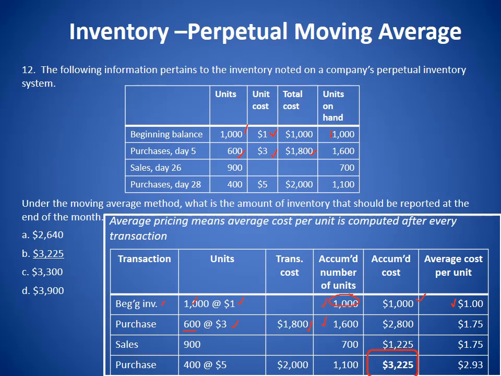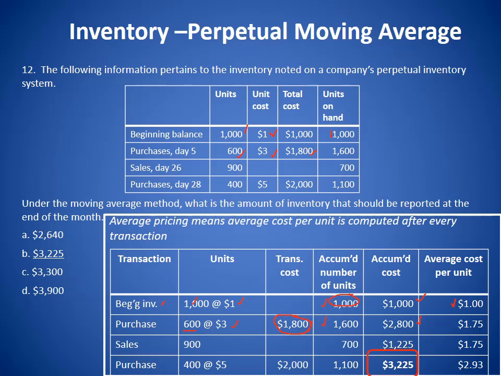So if we walked out and counted our inventory, we'd expect to see 1,600 units. Now the accumulated cost is equal to our previous cost of $1,000 plus the transaction cost that we have just added to the inventory record. So it'll be 1,000 plus 1,800. That means the accumulated cost, which would be the value in our general ledger, would be $2,800.